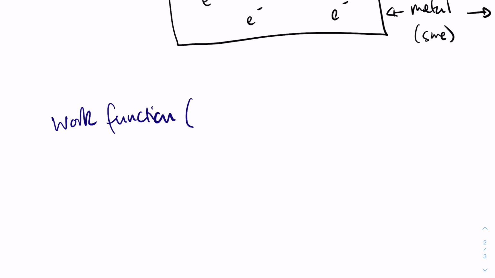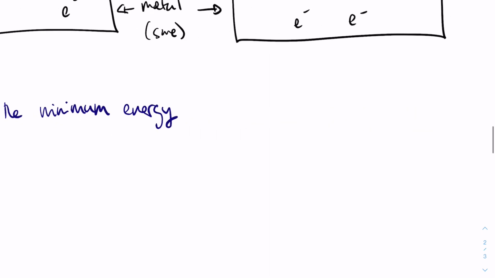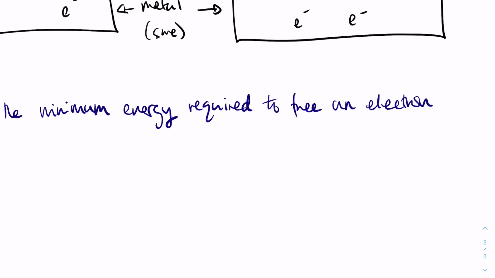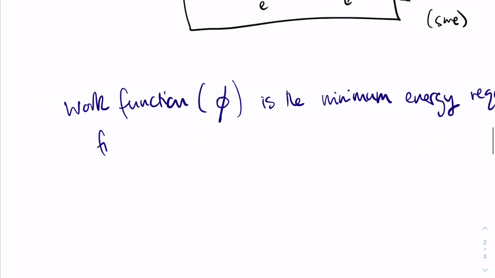The work function, and it's given the symbol phi, is the minimum energy required to free an electron from the surface of the metal.